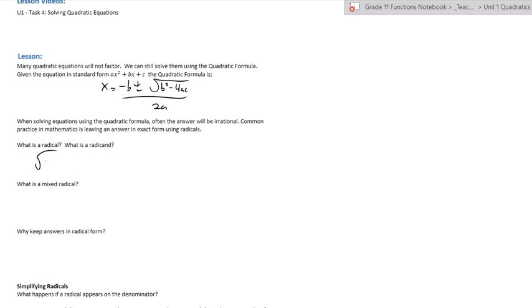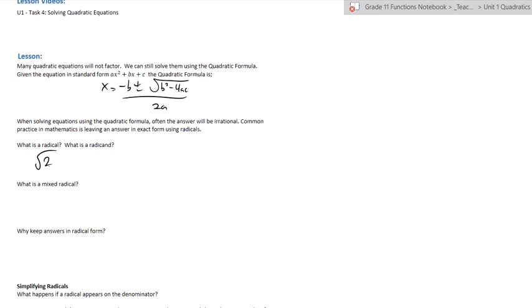So the root of, let's say, 2 is a radical. The root of 36 is also a radical. But root of 36, that's still 6. We can simplify that. Root 2, we can't. So that's why we keep it in this particular form. If we were to put it in a calculator, you would get an irrational decimal.